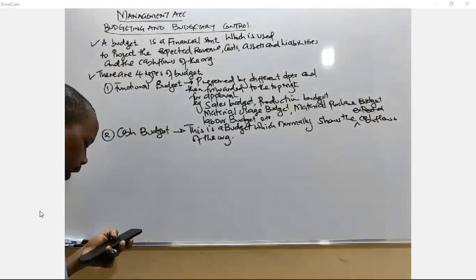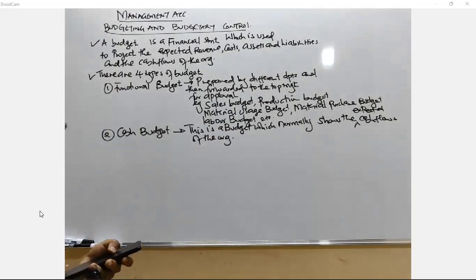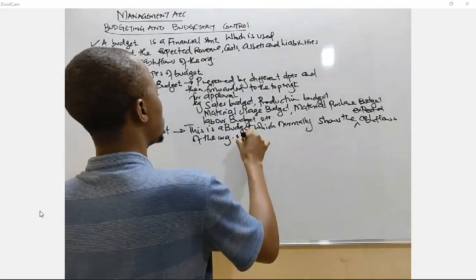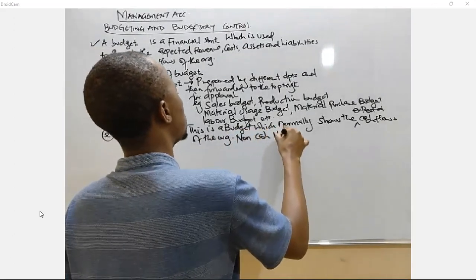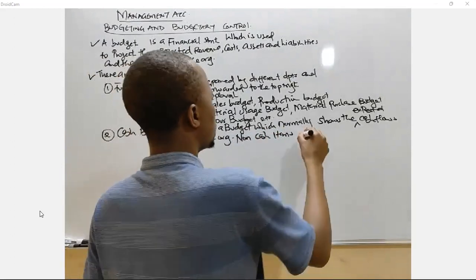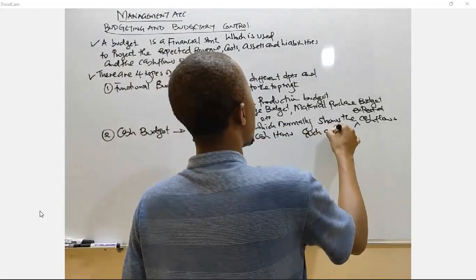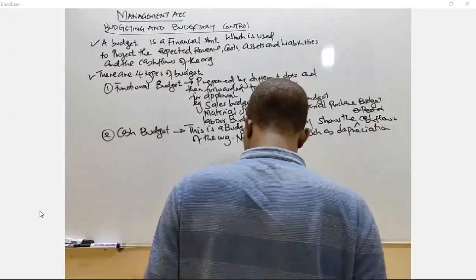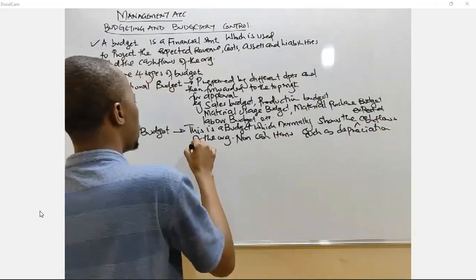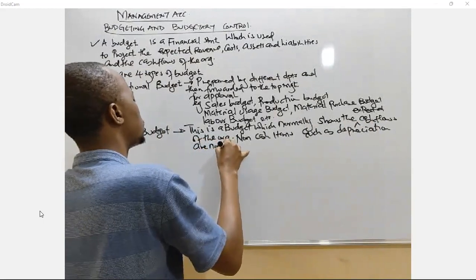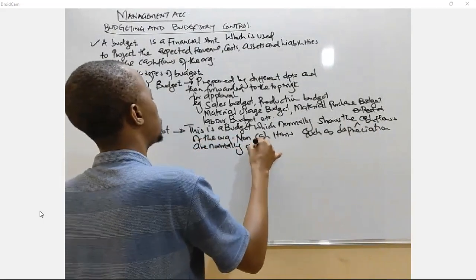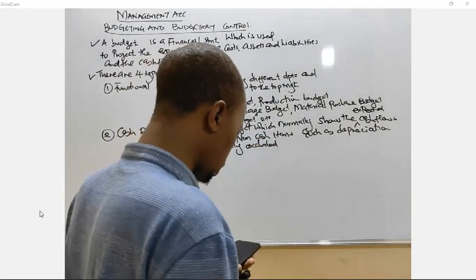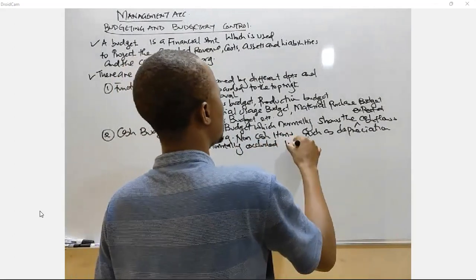When you're preparing the cash budget, we normally exclude non-cash items such as depreciation. Things like depreciation are normally excluded from the analysis.